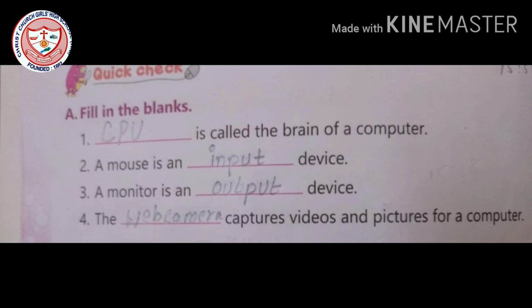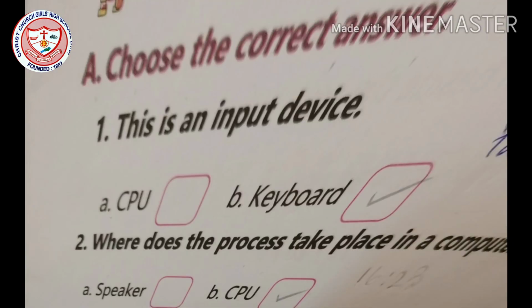A mouse is an input device. A monitor is an output device. The web camera captures videos and pictures for a computer.